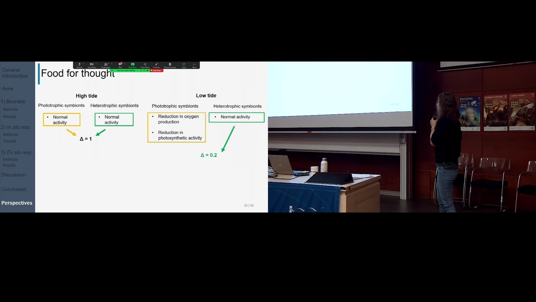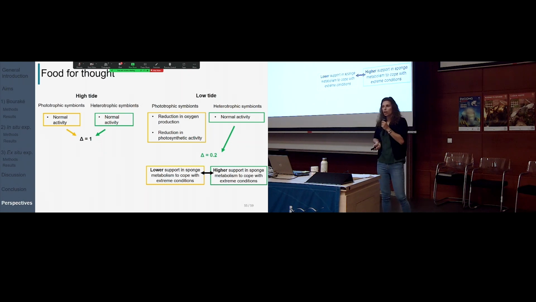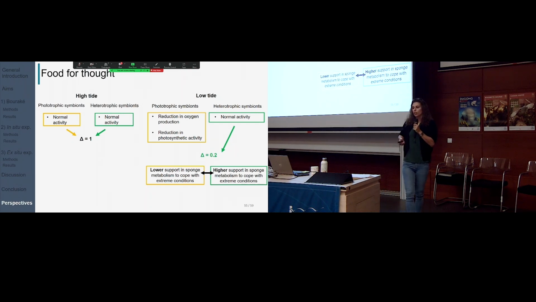So heterotrophic symbionts could provide the extra energy to the sponge for the respiration cost, and I hypothesize that heterotrophy could have a higher implication in the sponge metabolism to cope with the extreme environmental conditions. So these are only hypotheses that open future questions.